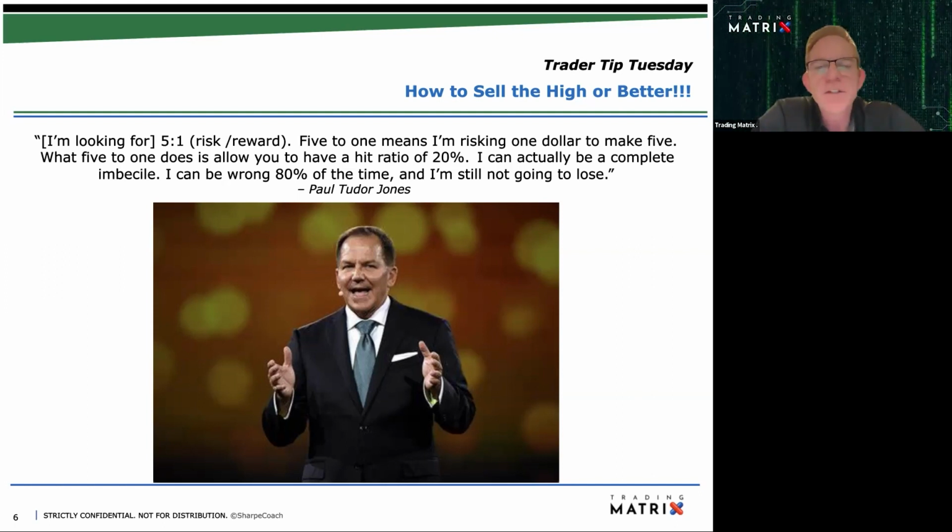If he's right and he makes 5, and he's wrong and he loses 1, then even with an 80% loss rate he's going to be up 1R. In other words, he'd lose 4R, 4 losses times 1, and he'd make 5R in the one time he's right. So even though he's wrong 80% of the time, he would still be up money.